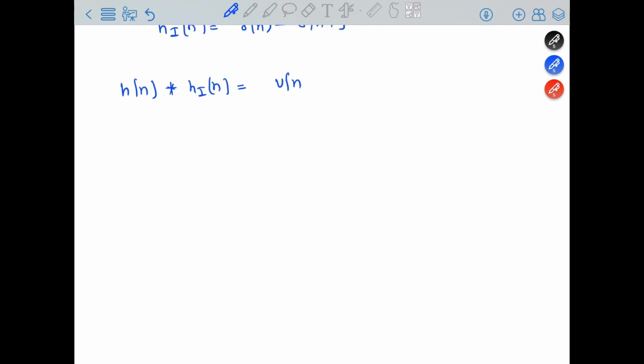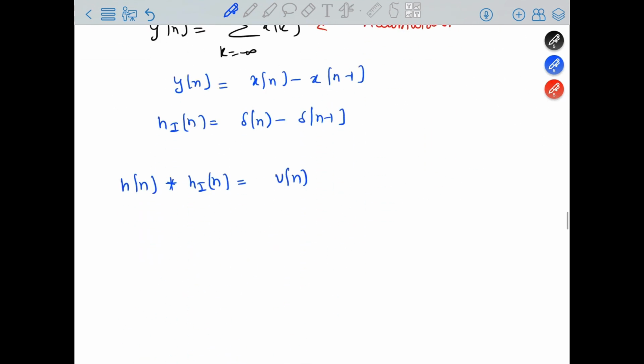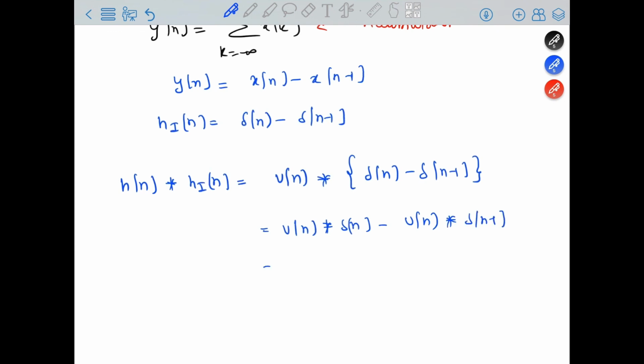We get u[n], because h[n] is u[n], convolved with δ[n] − δ[n − 1], which gives u[n] convolved with δ[n] minus u[n] convolved with δ[n − 1], which is equal to u[n] − u[n − 1], and that is the unit impulse signal.